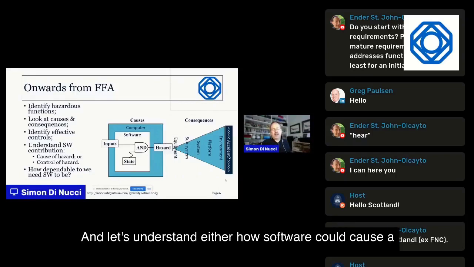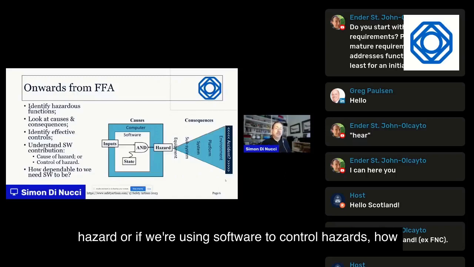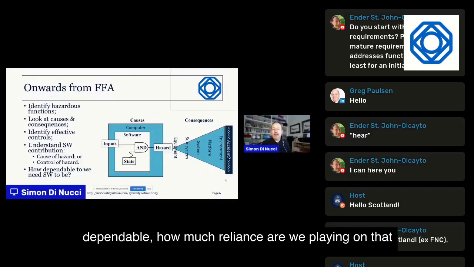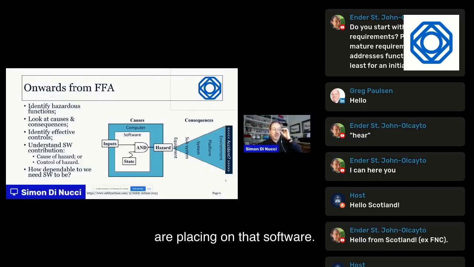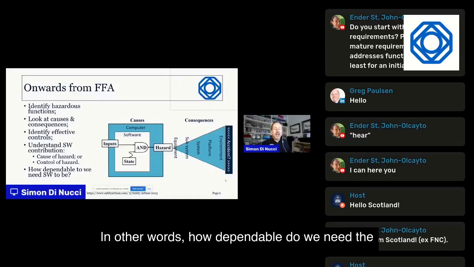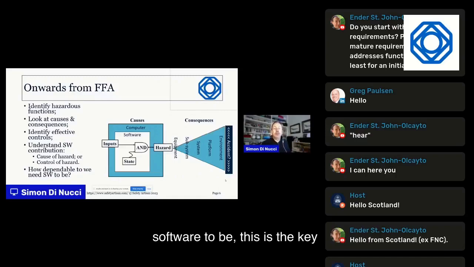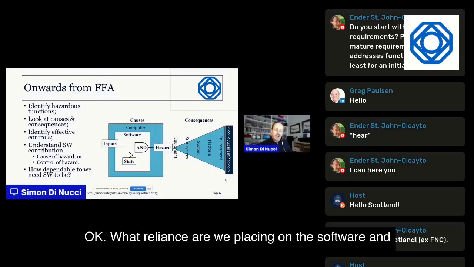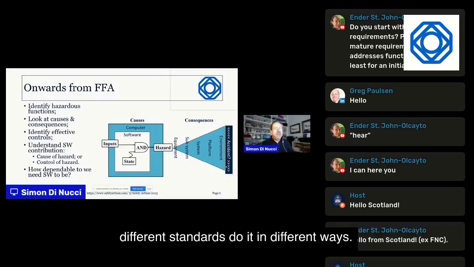And let's understand either how software could cause a hazard, or if we're using software to control hazards, how much reliance we are placing on that software. In other words, how dependable do we need the software to be? This is the key answer that we must come up with. What reliance are we placing on the software? And different standards do it in different ways.